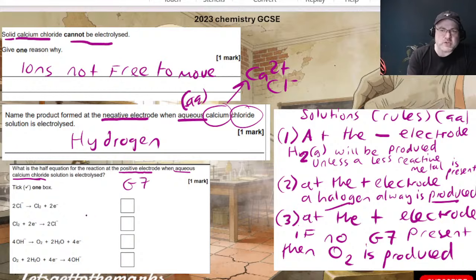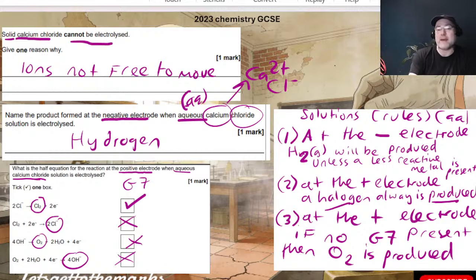Only this one. That one is an ion, not chlorine. That's chloride ions. Chlorine will be made. That's showing oxygen being made, so that's not right. And this one is showing hydroxides being made, so that's not right. And that's not right because it shows chloride, so it's this one. Chlorine is made.